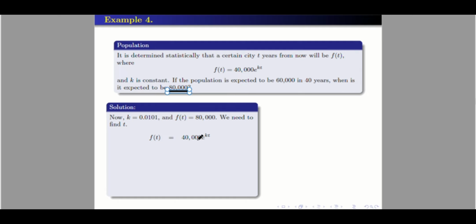So we need to find t. We already found k, so 0.0101 t. And f of t now is 80,000 because this is the new population. We need to find the number of years for this 60,000 to grow to 80,000.